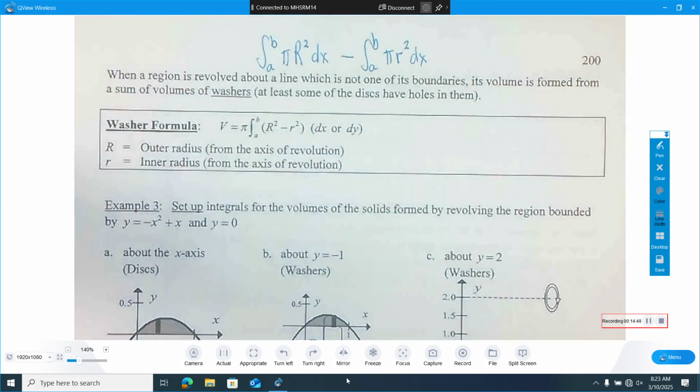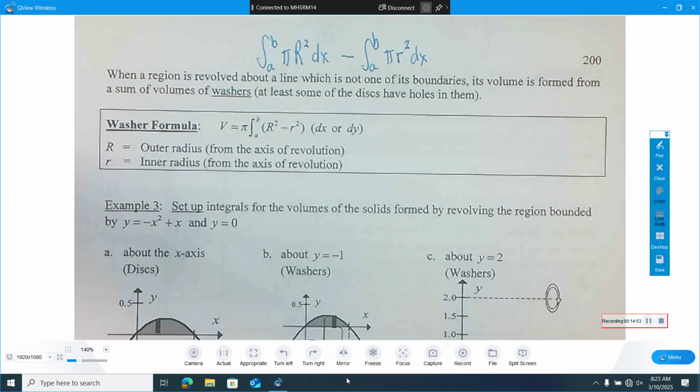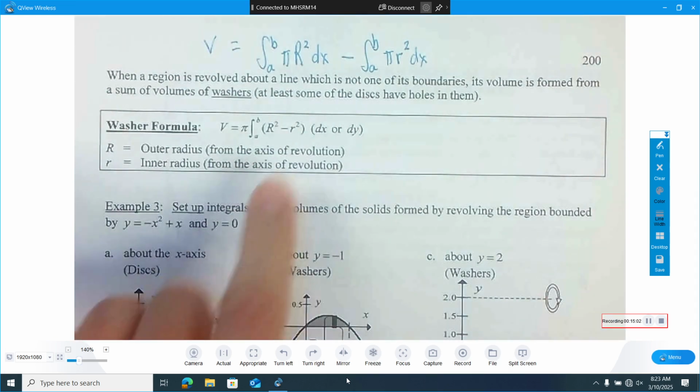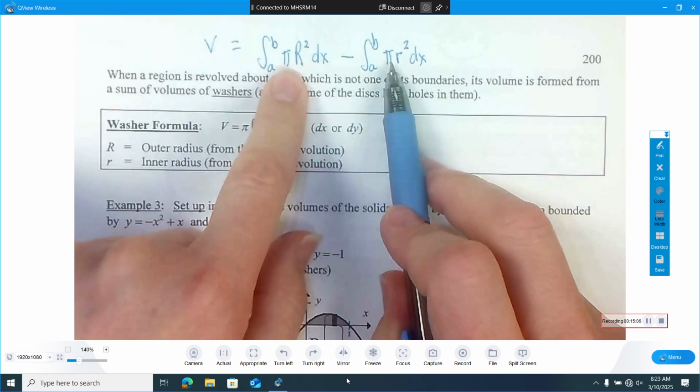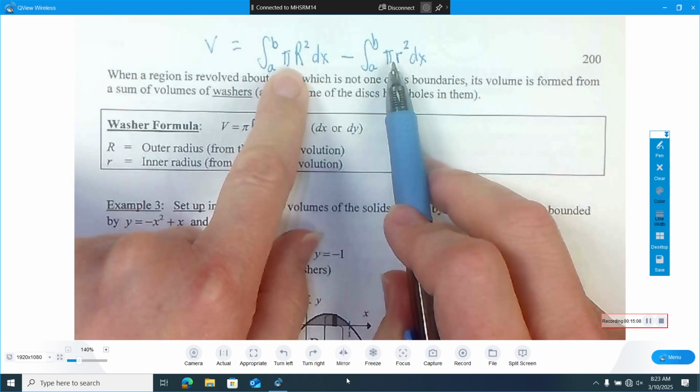So we could do this a couple of different ways. We could take the big volume and subtract away the little inside volume. Okay, that would give us an appropriate volume.